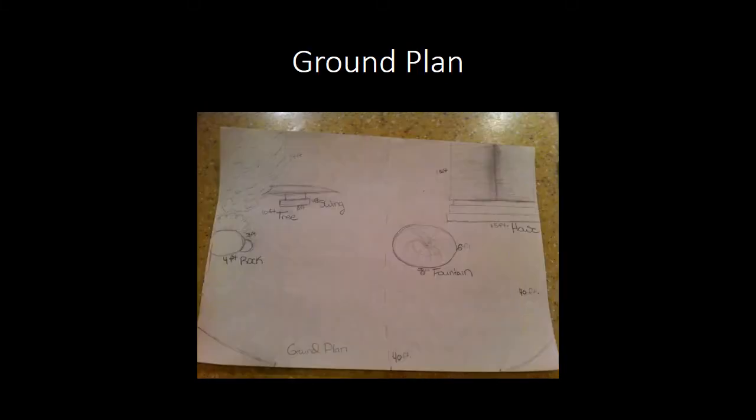Here you can see the ground plan, which shows basically you're looking down on everything. So the stage at the EC Campus Theater is a 40 by 40 foot stage, and the house is going to be 15 by 15 foot, and it's going to be definitely upstage and to stage left.